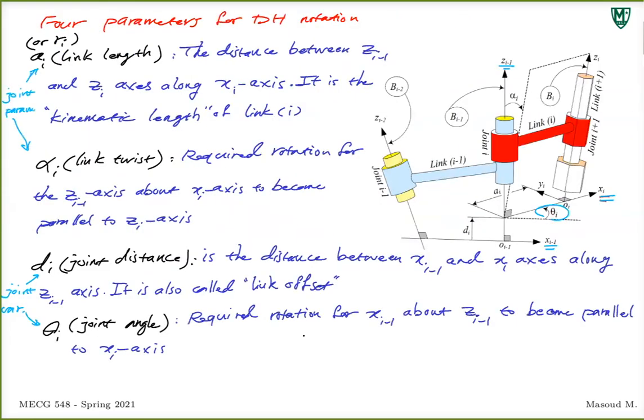Now, theta i is the angle that x(i-1) has to go through to become parallel or collinear with xi. It's the last thing I was mentioning here. So basically, theta i is the angle between x(i-1) and xi about z(i-1).